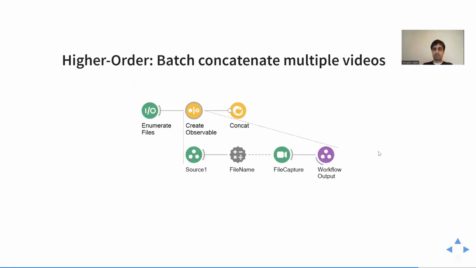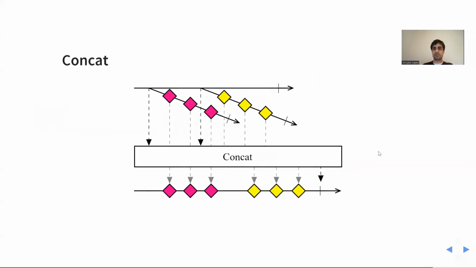Okay, so that's the end of that. I just want to finish with presenting the higher order variants of some of the operators we saw before. Concat, as we saw just now, takes higher order sequences and concatenates them together, subscribing to each one at a time, only when the previous one has completed successfully.